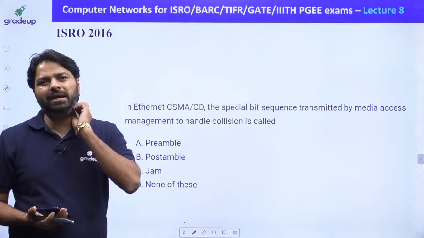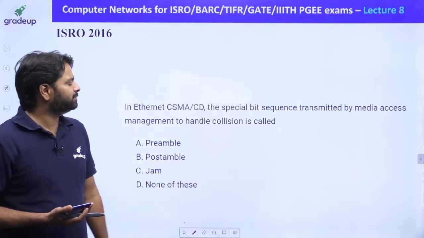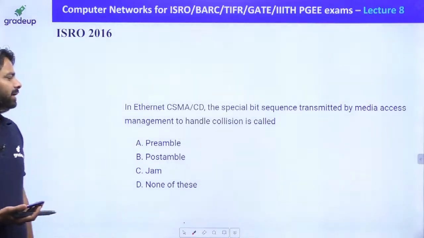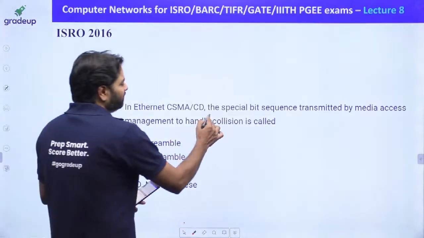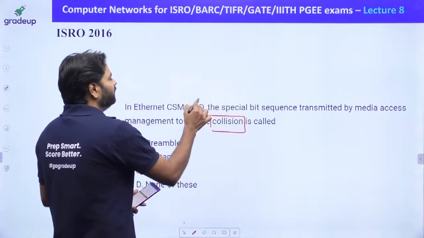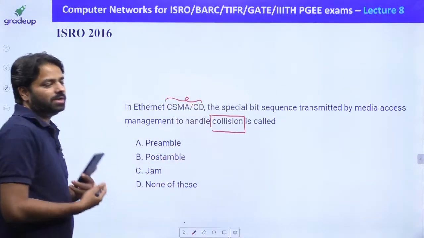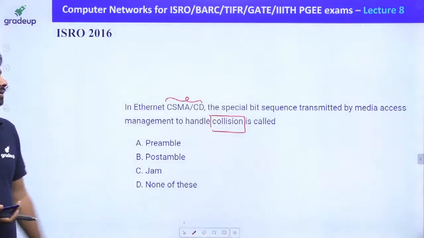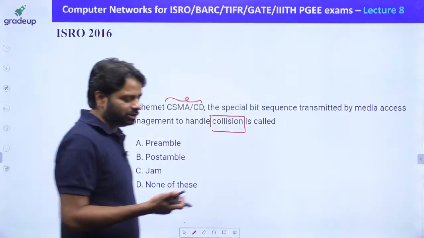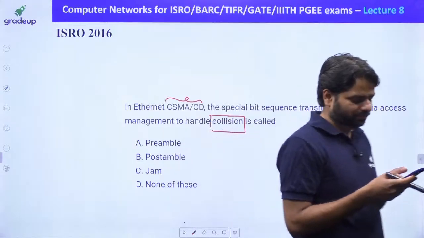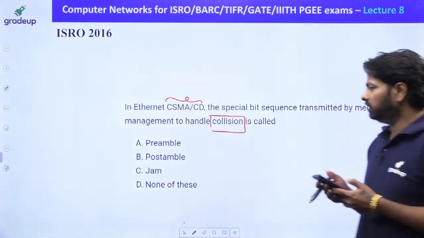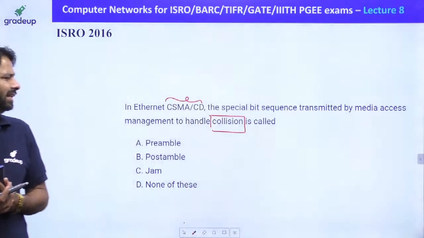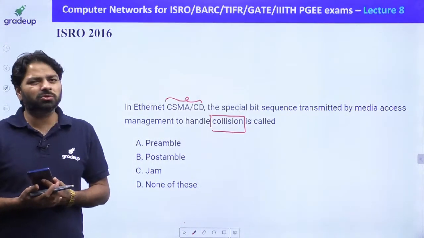Ethernet CSMA/CD: the special bit sequence transmitted by media access management to handle collision. Very special technique. It's a collision detection technique. You will use something here to handle the collision. Let's see who will answer it. Preamble, that's not for detection, it's not to handle the collision.